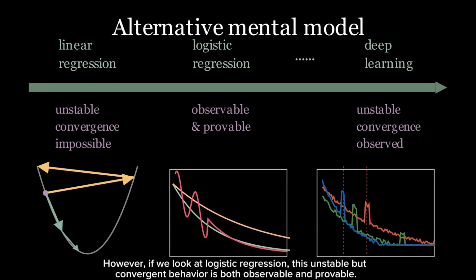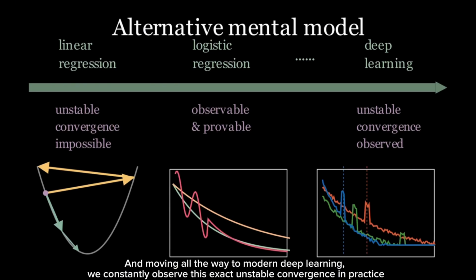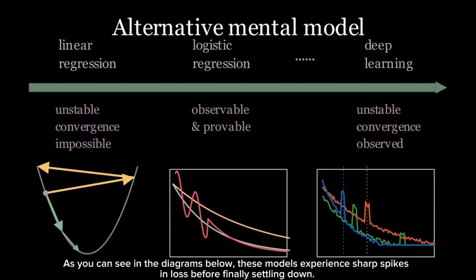However, if we look at logistic regression, this unstable but convergent behavior is both observable and provable. And moving on to modern deep learning, we constantly observe this exact unstable convergence in practice. As you can see in this diagram below, this model experiences sharp spikes in loss before finally settling down.